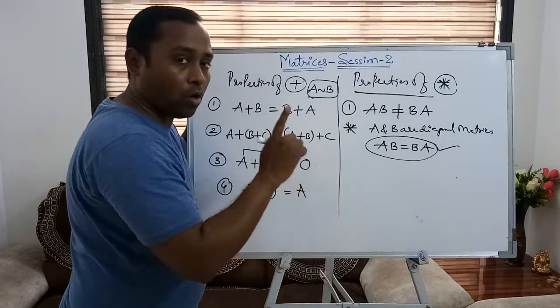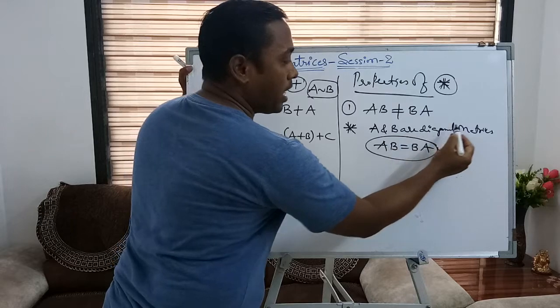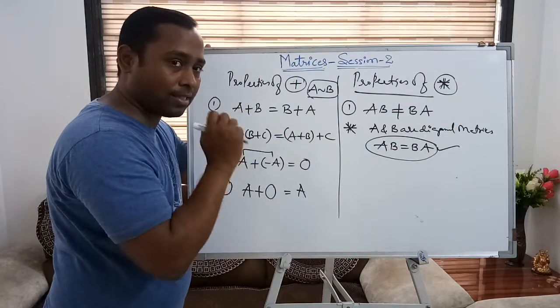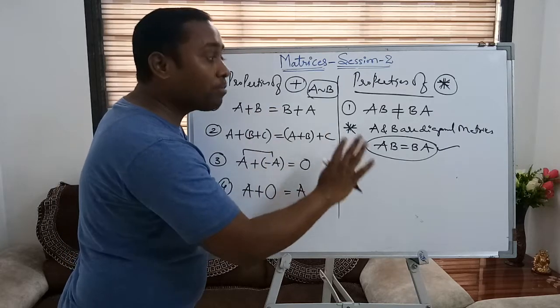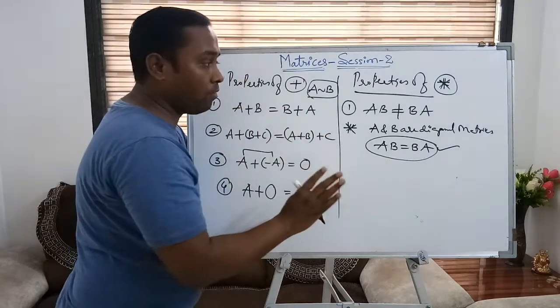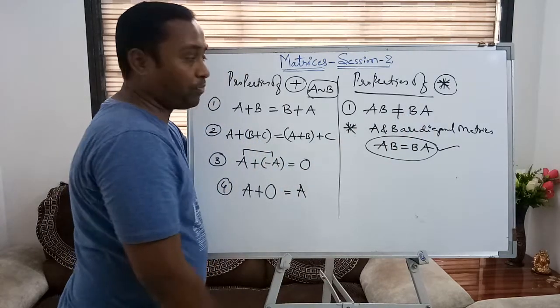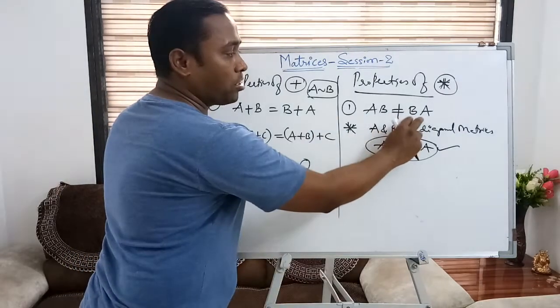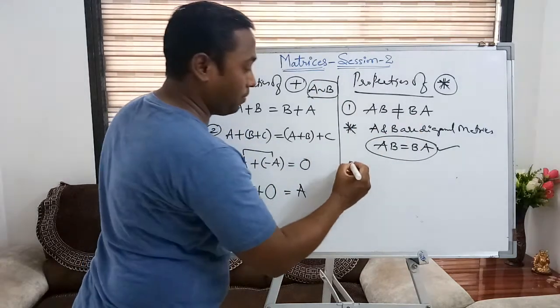This is possible always if A and B are diagonal matrices. Diagonal matrices case में product is always commutative, but rest में we cannot say always that their product is always same. So generally this is not commutative except one case where A and B are diagonal matrices.